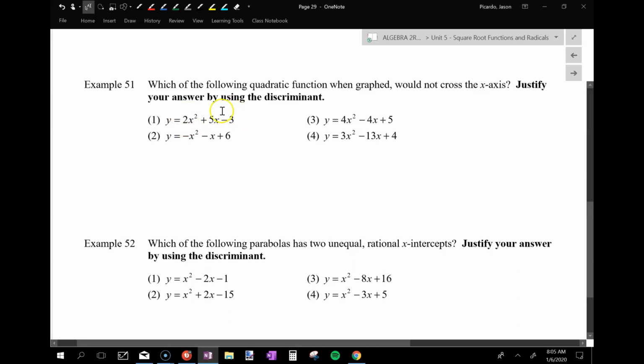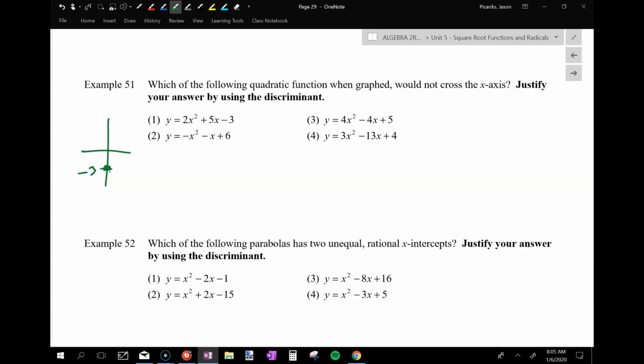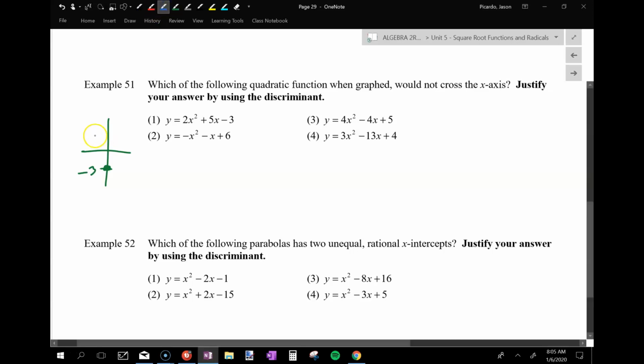Happy. What's the y-intercept of this one? -3. Hey guys, look at me. If I have a y-intercept at -3 and it's a happy parabola, will it cross the x-axis? Has to, right? There's no way I can cross through this and be happy and not. So this says which one of these would not cross.